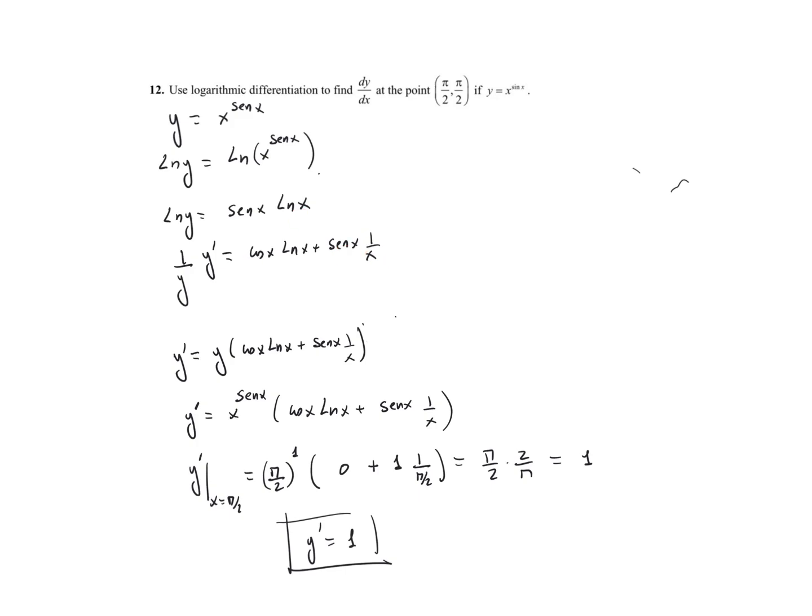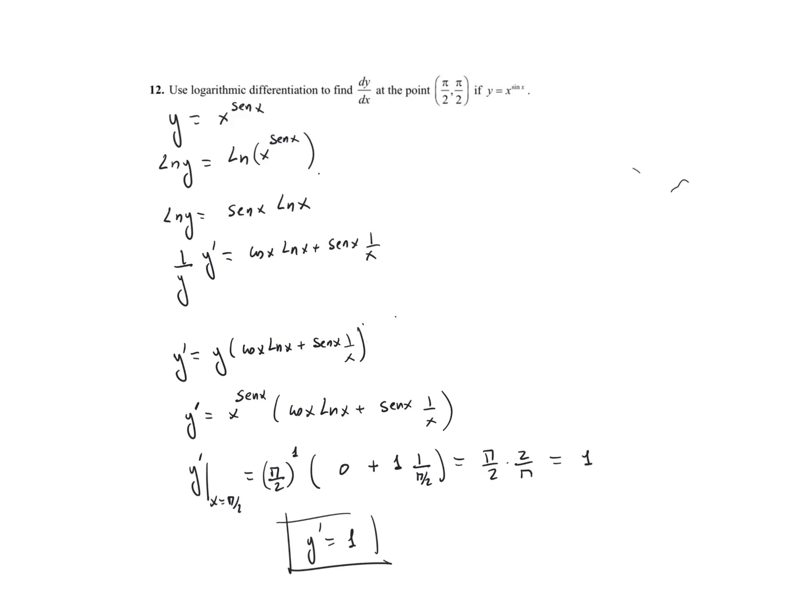So now I can find dy dx: y prime is y times cosine of x natural log of x plus sine of x multiplied by 1 divided by x. But y is x to the sine of x, so I introduce the value of y and I have this expression.